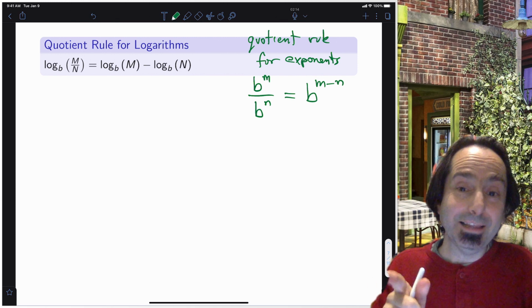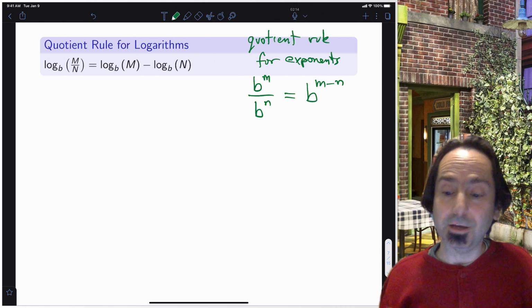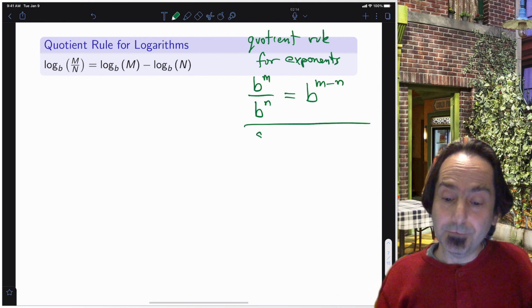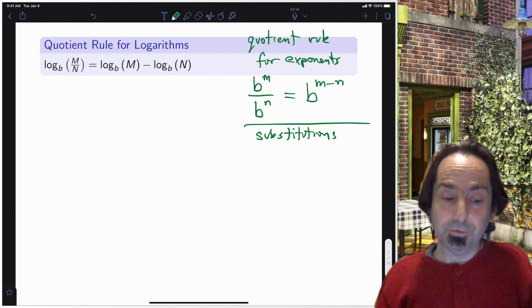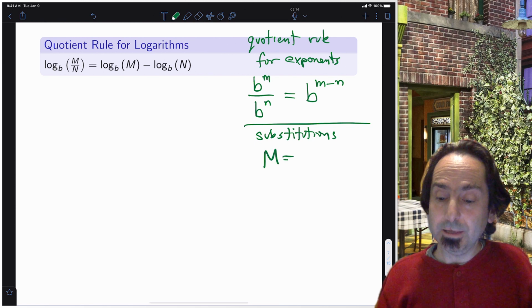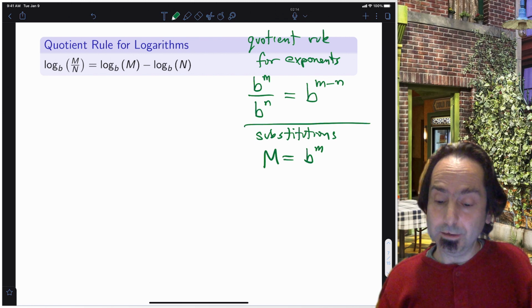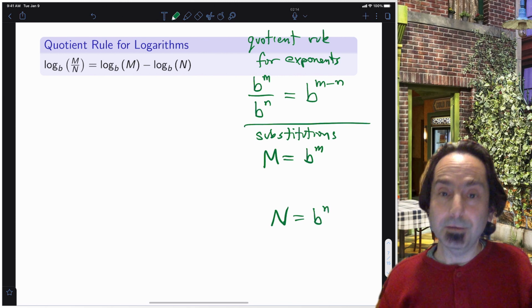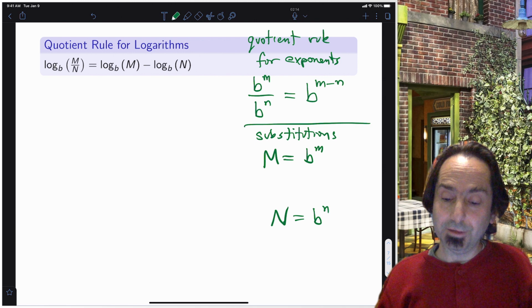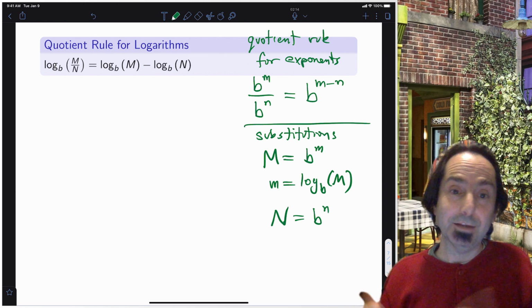And I claim that the quotient rule for logarithms is really just the quotient rule for exponents in disguise by a substitution. And here's the substitution. Actually two, because we're going to do both M and N. Big M is b to the little m. Any positive number M is a power of b. And big N is b to the, well, let's use little n. And then the unsubstitution, of course, is that little m is log base b of big M. That's just the logarithmic form of the exponential equation.